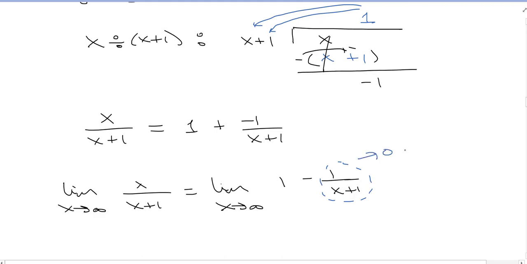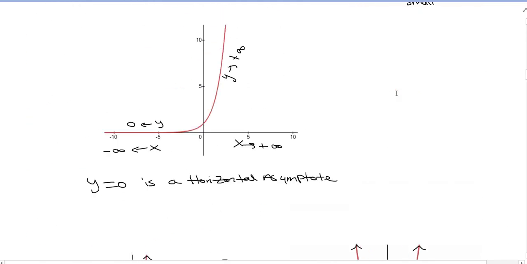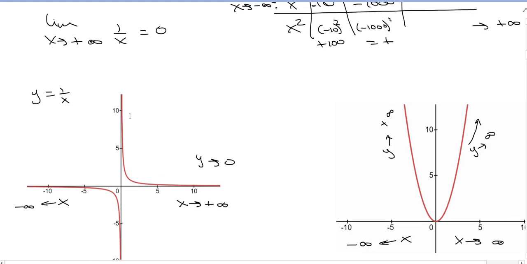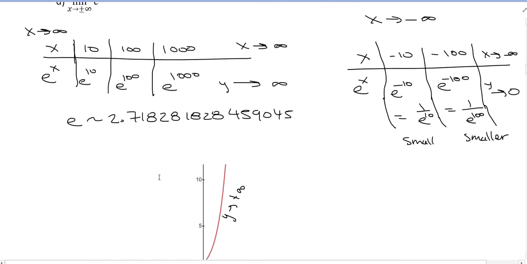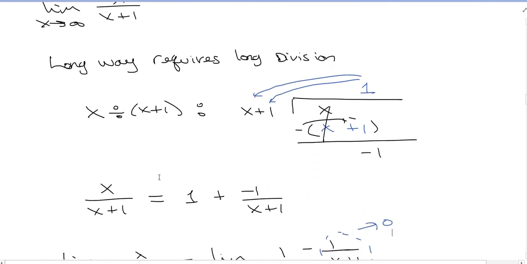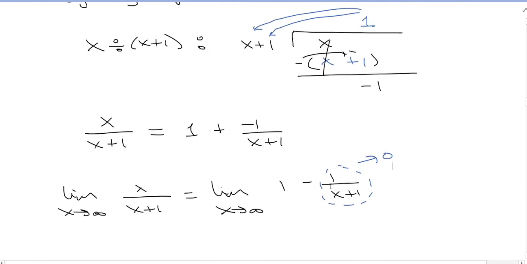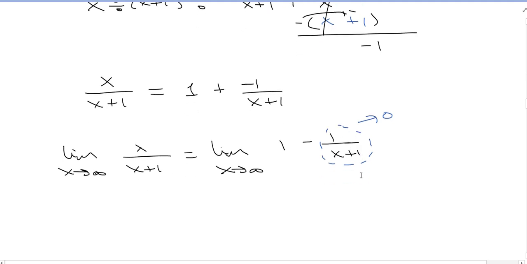This is essentially our 1 over x limit. The limit as x goes to infinity of 1 over x is 0. 1 over x plus 1 is just shifted over, but that's still going to go to 0, and so we're just going to be left with 1. So our limit here is 1.